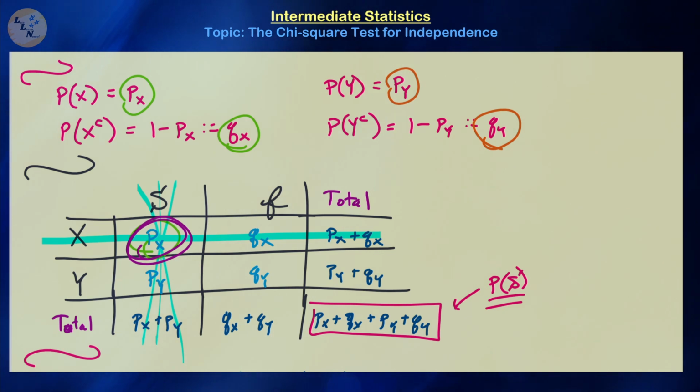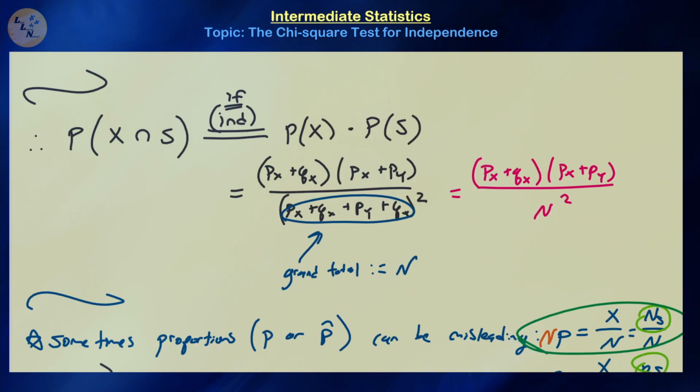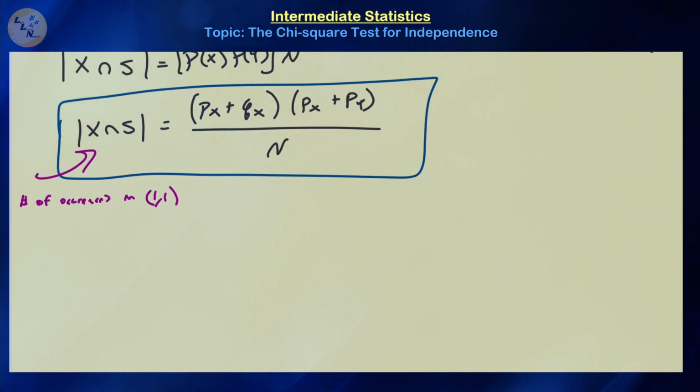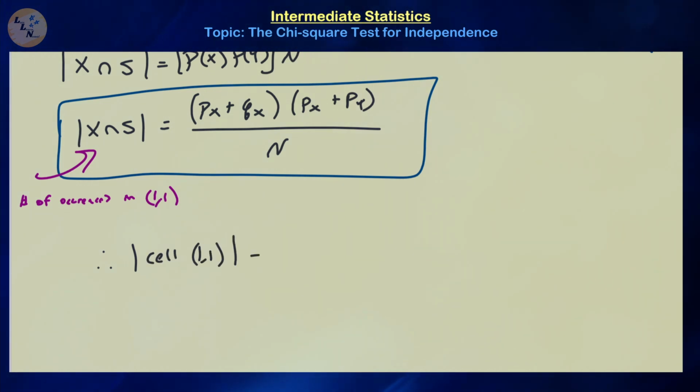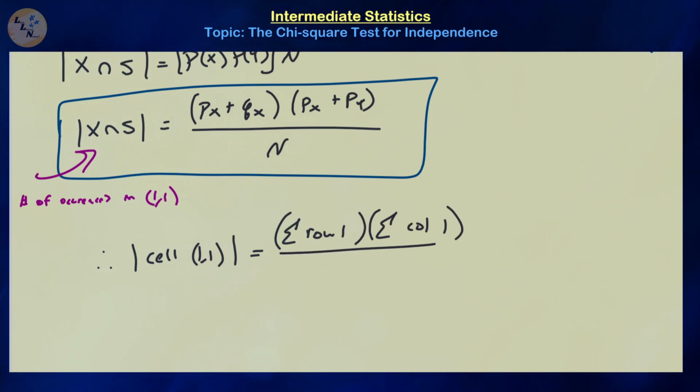That's just the sum of row 1. Px plus py, that's just the sum of column 1. So we can actually write this. The size of, let's call it cell 1-1 just for short, is going to be equal to the sum of row 1 times the sum of column 1, all divided by the sum of all cells.